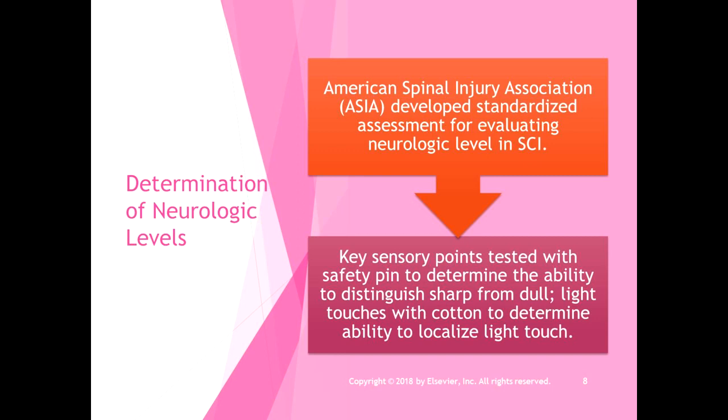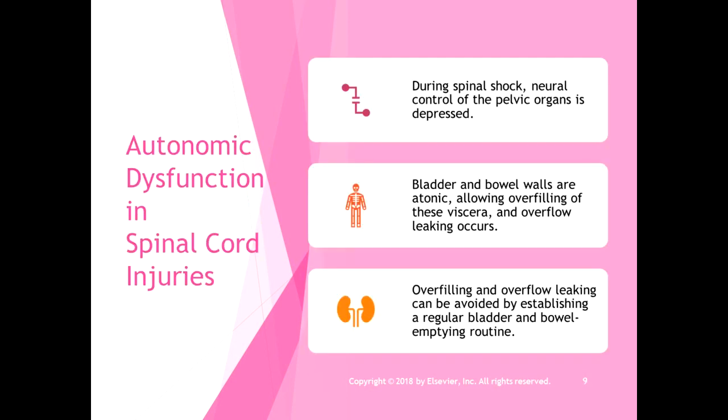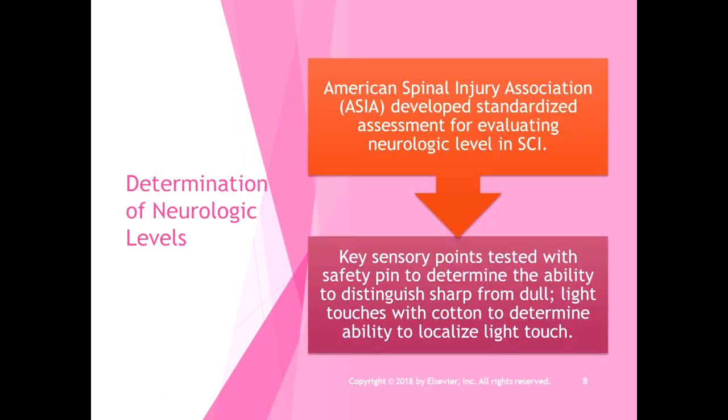They test key sensory points with a safety pin to determine sharp, dull discrimination, and light touches with cotton to determine the ability to localize light touch. That's all done before they come to PT, by the neurologist. But you will know, based on someone's spinal cord injury level, what you can expect them to be able to do.